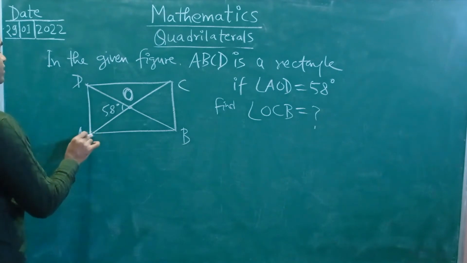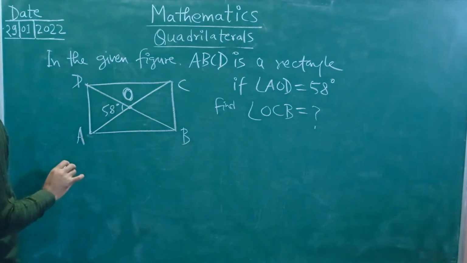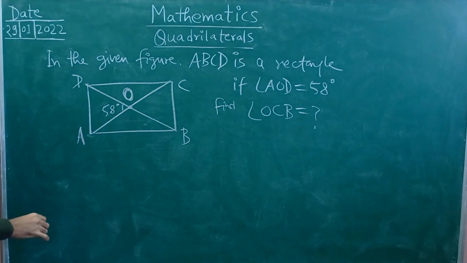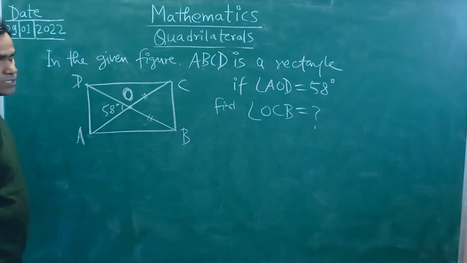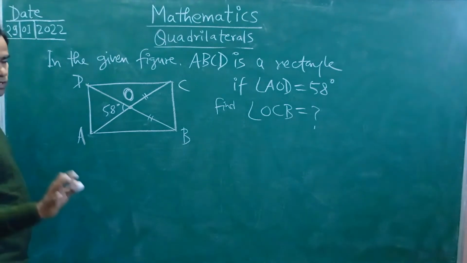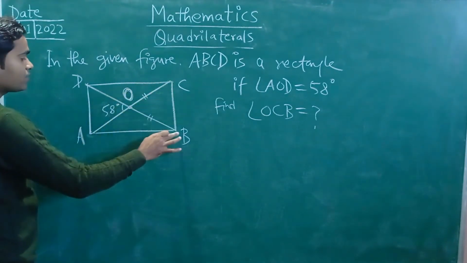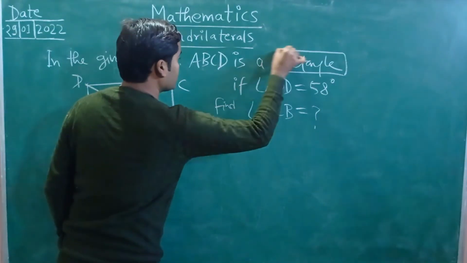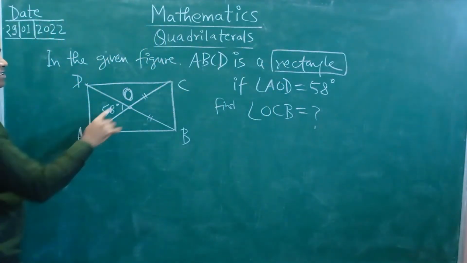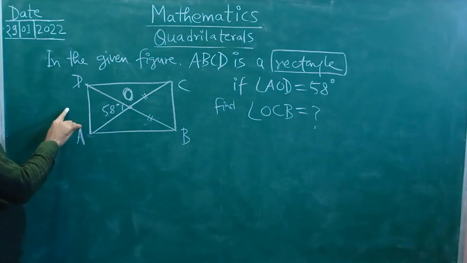Diagonals are also equal in case of a rectangle. AC is equal to BD.